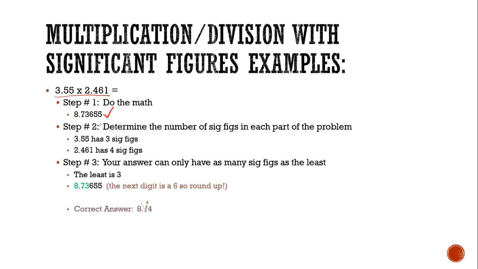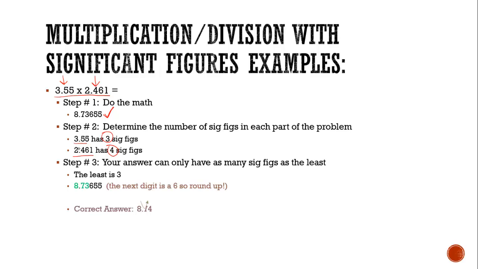What you're going to do is go back up to this original problem and look at each part of the problem. The first part, 3.55, has 3 sig figs. 2.461 has 4 sig figs. And then you ask yourself, of those two numbers, which one is the least?